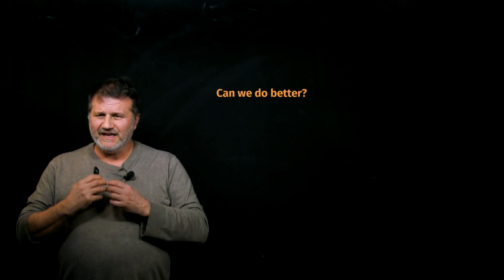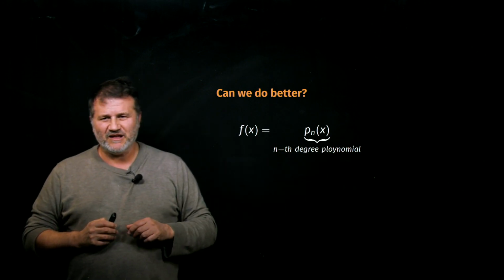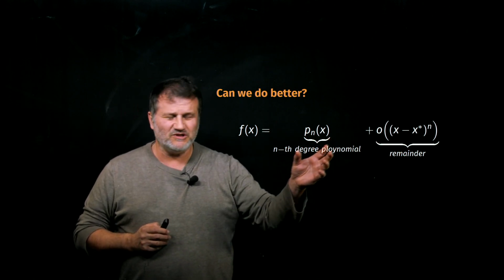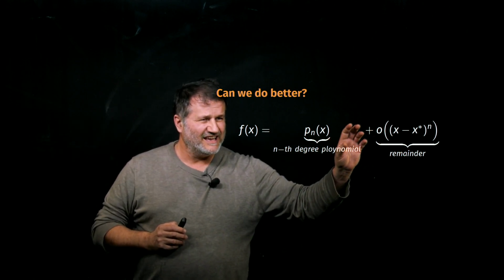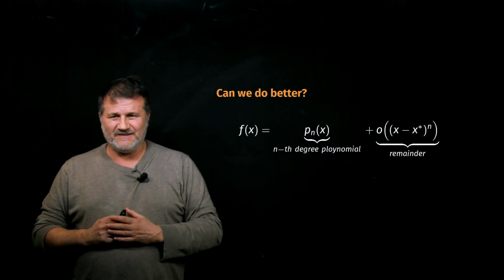For example, can we say that a function f can be written as the nth degree polynomial plus a remainder that must be now negligible with respect to the polynomial, and this will mean that it is a little o of (x minus x star) to the power n.